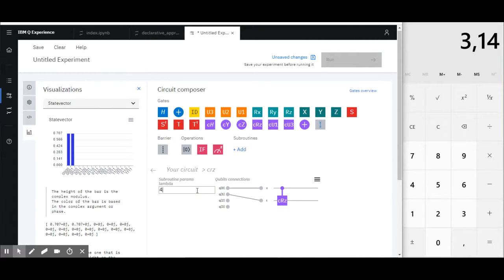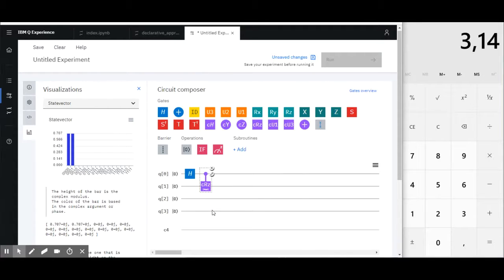But then if I do 4 times pi, it should also be blue. Yeah, okay. Okay. Yeah, 4 times pi. But it's nevertheless acting despite the fact that this is 0 here. That's what's confusing me right now.